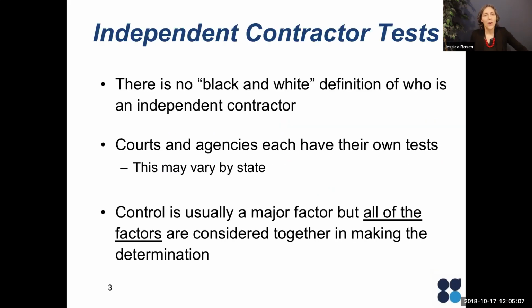All right, so we're going to talk about the test for an independent contractor. And I think a good way to do that is to think about a scenario where this will come up. We're going to talk about a typical situation, which we're going to call Pat the plumber. Pat the plumber is an expert at plumbing, and I call up Pat to come to my office because our sink is not draining properly.